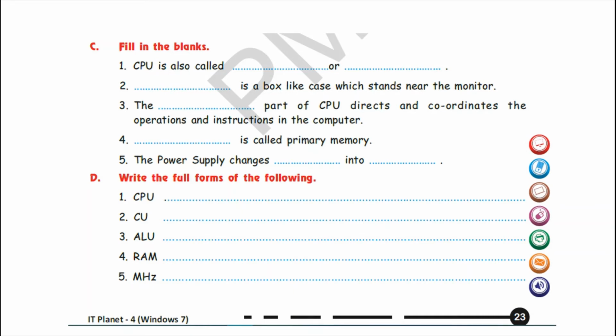Very nice. After writing the question answers in your notebook, let's come back to the exercises in the book. See exercise C. Fill in the blanks. Number 1, CPU is also called dash or dash.